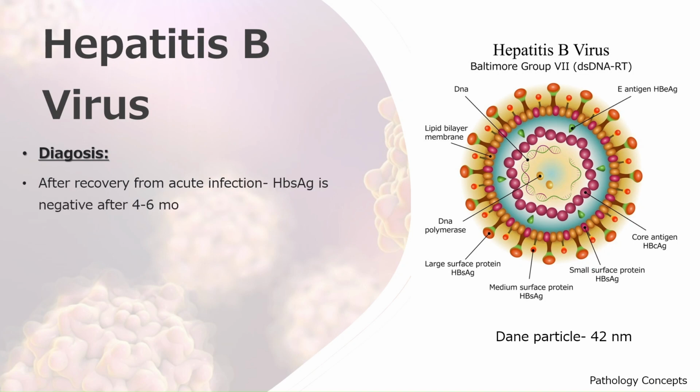After recovery from acute infection, HBsAg can become negative after 4 to 6 months. After this, there is still a period before the antibody to HBs rises. This in-between period is called the window period, in which only antibody to HBc is positive.